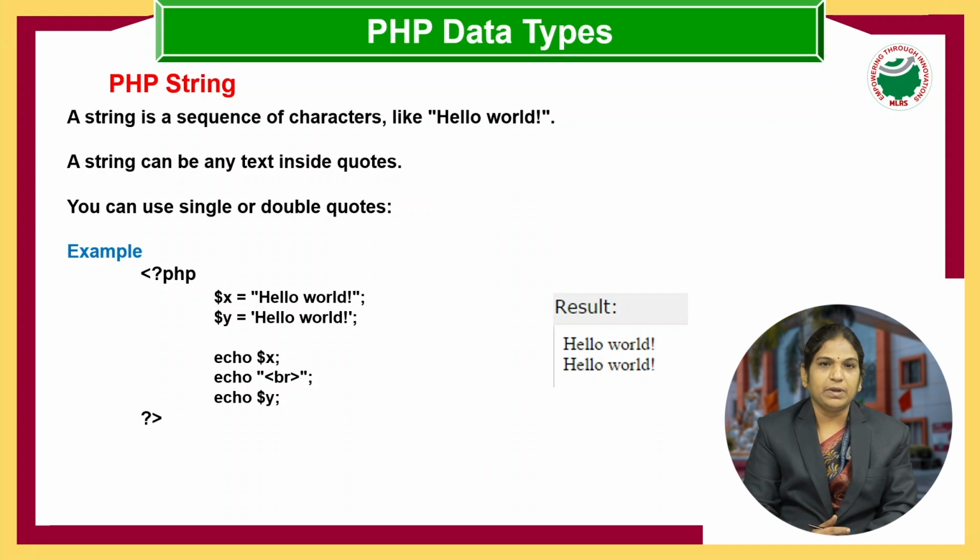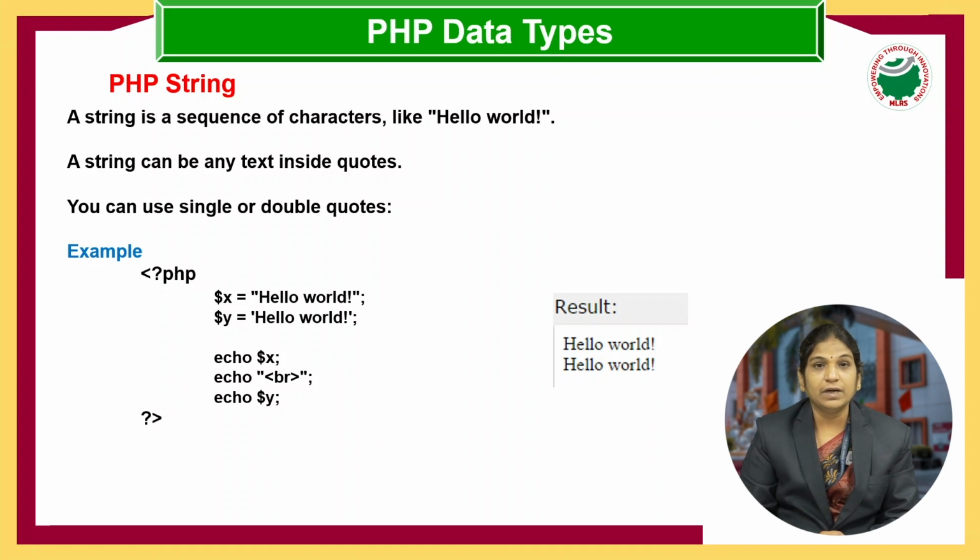For example, I have started the PHP tag and declared variables like $x and $y. What does the dollar indicate? The dollar represents that x is a variable, and y is also prefixed with a dollar sign, so it is treated as a variable.